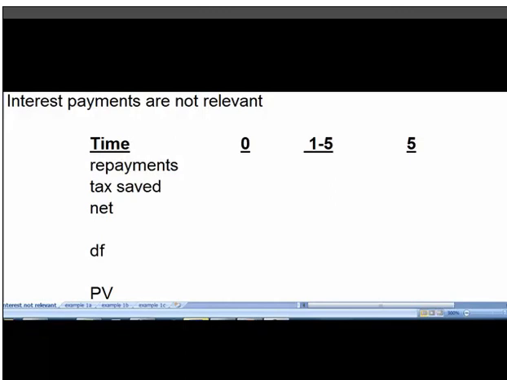The repayments are at 7.143%. 7.143% of 12,000 will be €857 of interest repaid every year for 5 years. So that's time periods 1 to 5. And then at the end of 5 years, you're going to repay the actual capital, which will be 12,000.